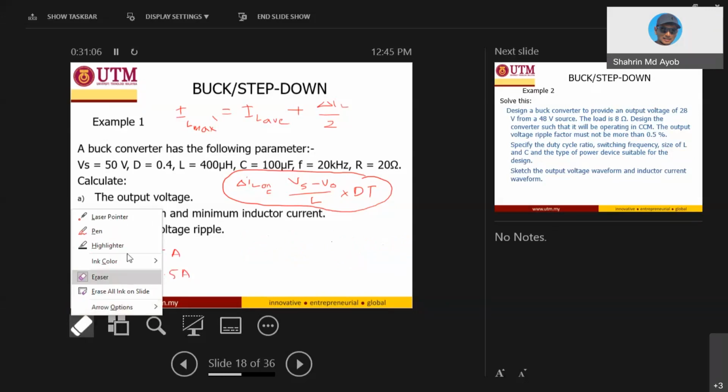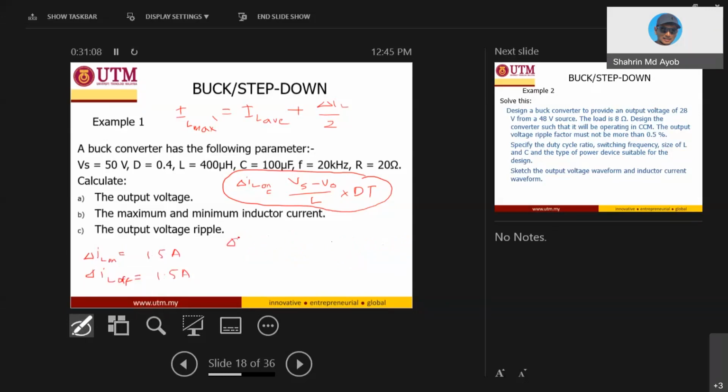I don't have the answer. Modulus. So you should get the same 1.5. Okay. So confirm that whether you are using delta IL on or delta IL off for that equation to get your max, it doesn't matter. You can use both. Okay. So right now 1.5.